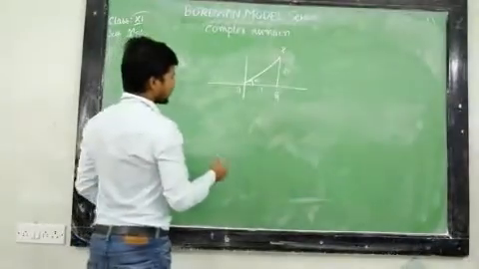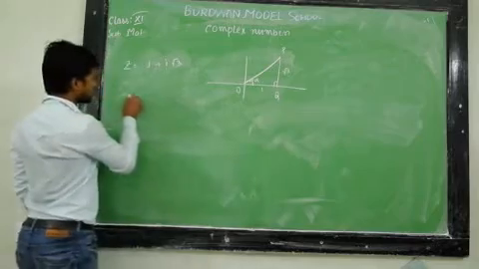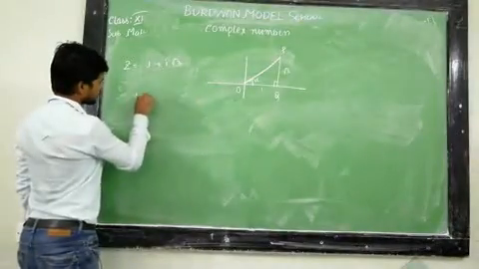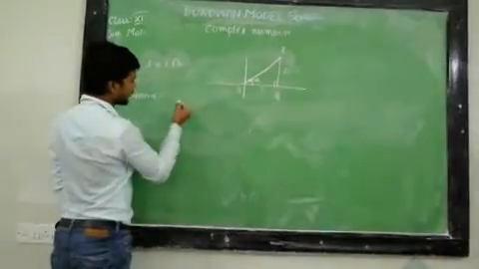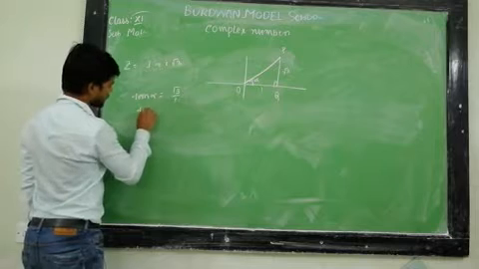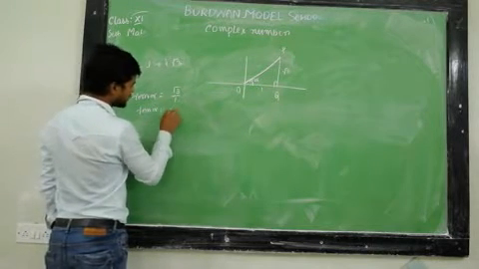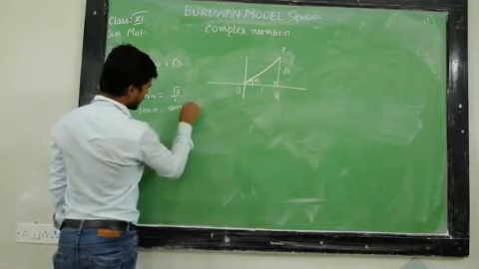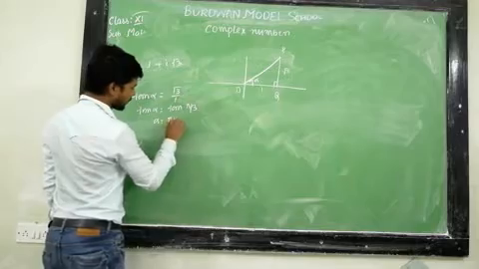Now, this angle is 90 degrees. If I calculate tan alpha, we know tan alpha is perpendicular by base. That means tan alpha is equal to √3, and √3 means tan 60 degrees, meaning pi by 3, so alpha equals pi by 3.